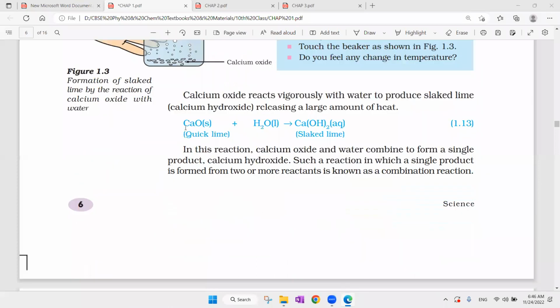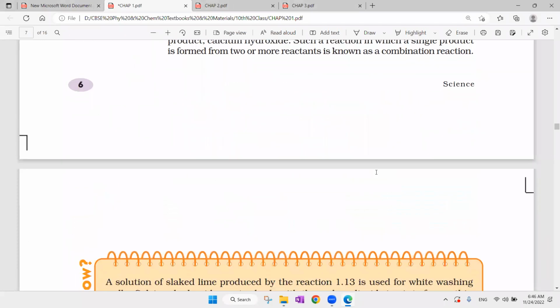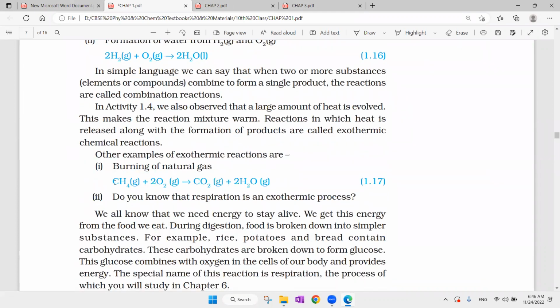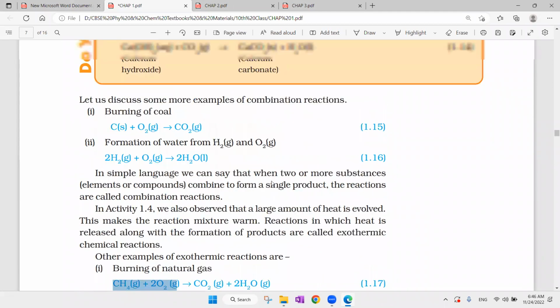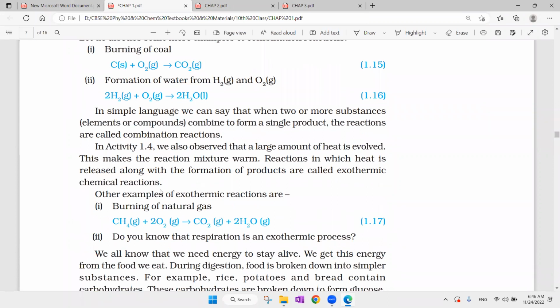You can observe CaO plus H2O, calcium oxide, quicklime, plus water gives rise to slaked lime. Here, carbon plus oxygen gives rise to carbon dioxide. Hydrogen plus oxygen gives rise to water. Methane plus oxygen gives rise to carbon dioxide and water. These are combination reactions. And there is another type, that is exothermic.